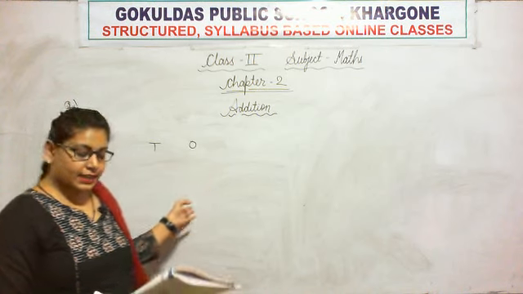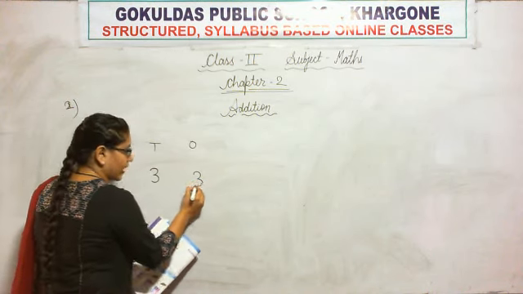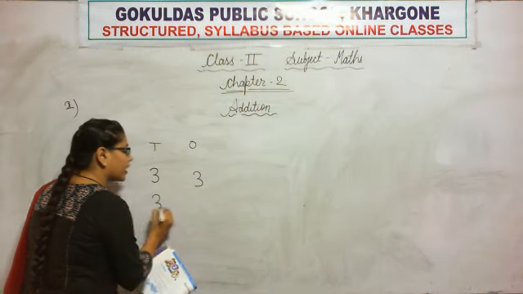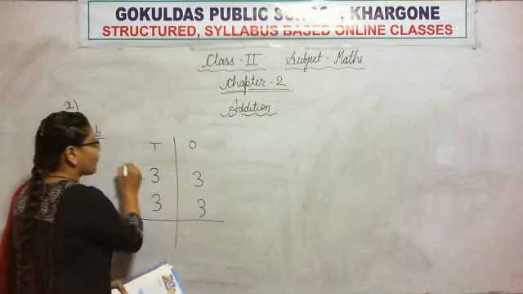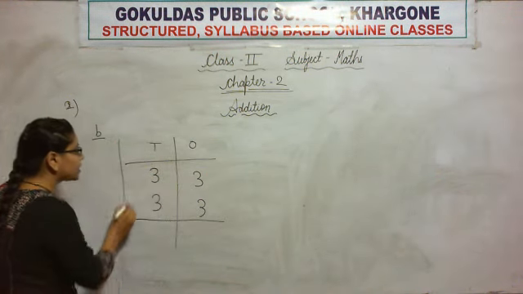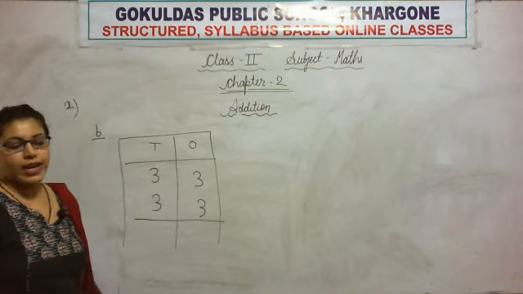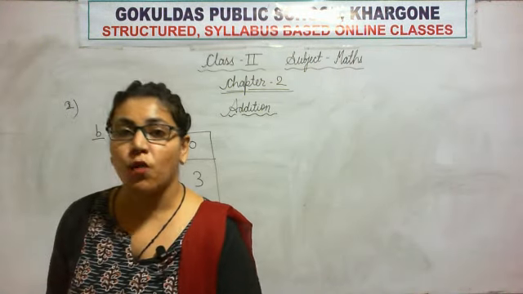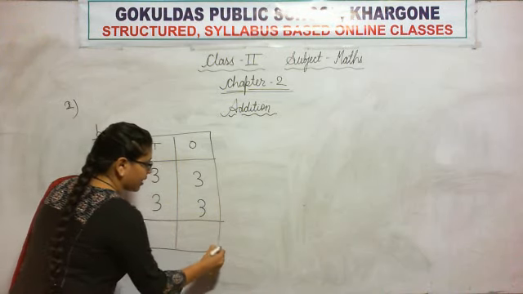These are the places. The first number is 33 and the next number is also 33. How will we write? We will write ones below ones position and tens below tens position.